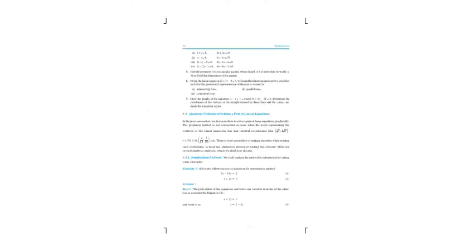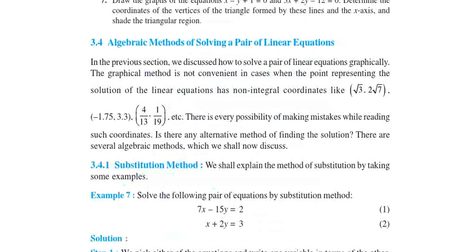What we are going to do today is the algebraic method. We'll be doing the algebraic method today. Graphical method we will take later on. In the algebraic method we have three further methods.